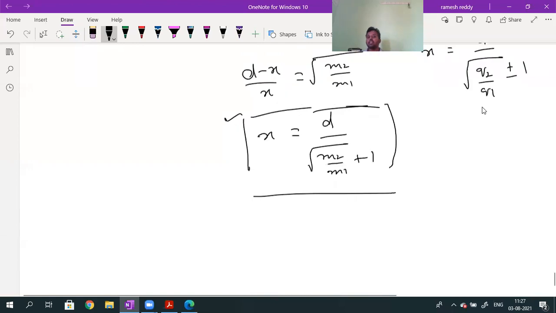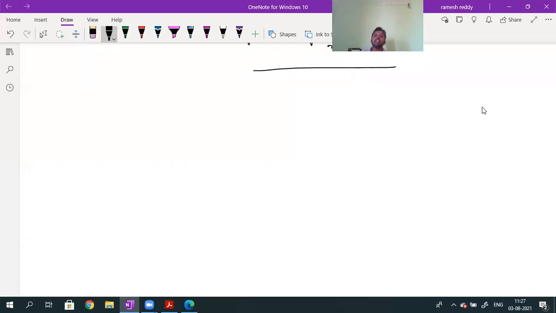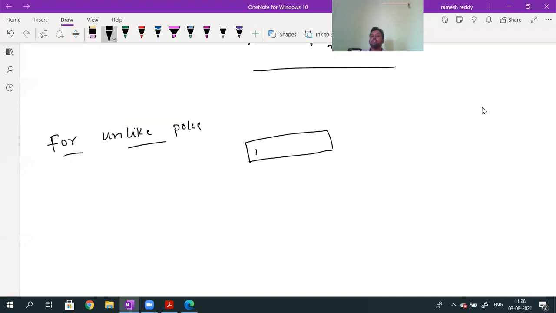Okay? Similarly, I am writing for unlike poles. I will not derive it here; I will write the formula directly. Whenever the unlike poles of two bar magnets are placed side by side, unlike poles in the sense that here is a north pole and here is a south pole, and here is a north pole and here is a south pole, where will I get the null point?